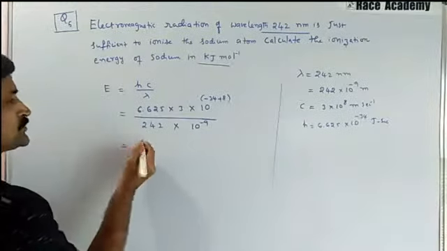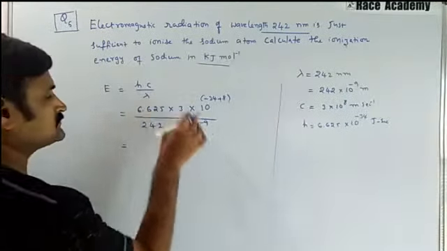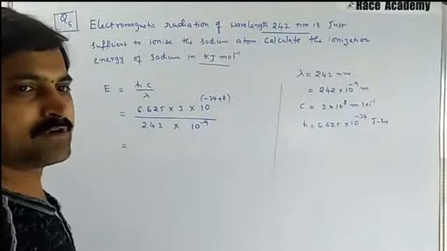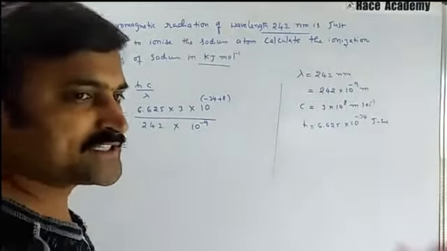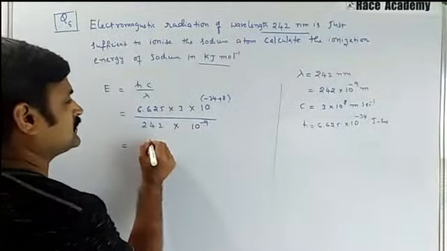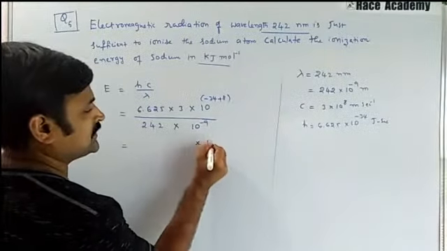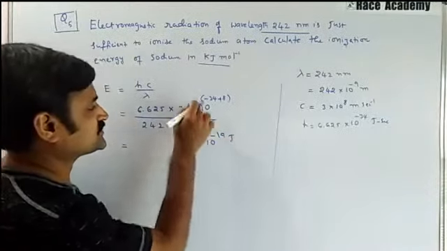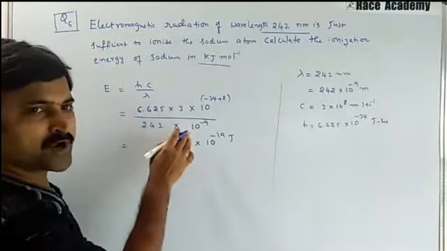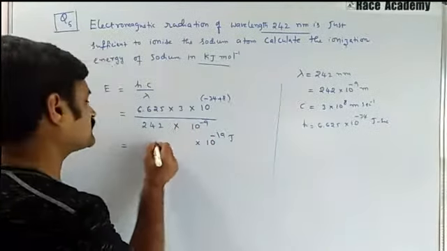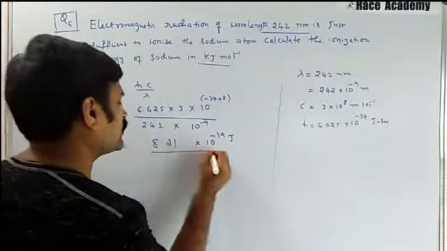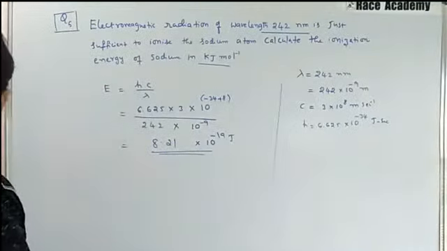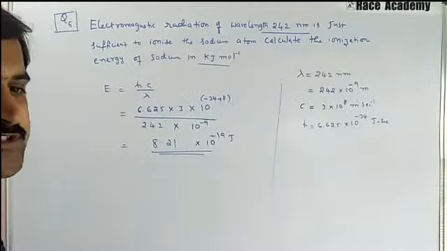Okay, so let us see the simplification here. Upon simplification, we got this as 10 power minus 19 joules, and the rest of the other part has become 8.21. You can check the simplification calculation. So the calculation answers came like this.